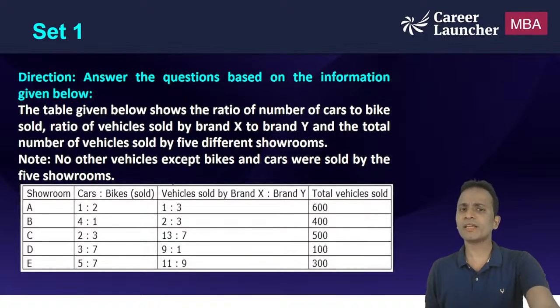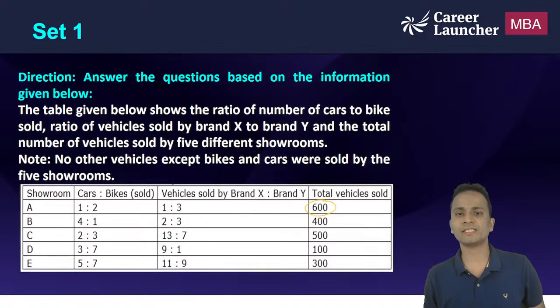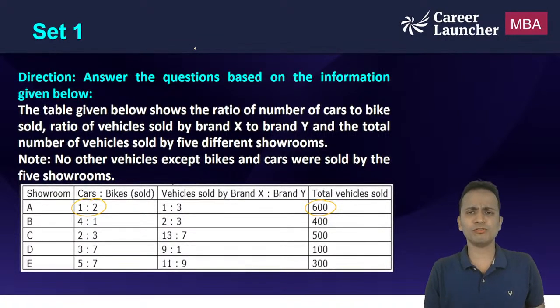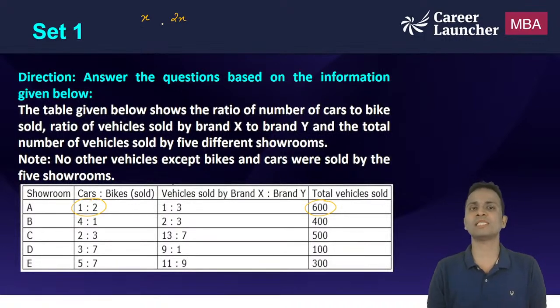Now, how to divide a given number in a ratio? So let's say I want to divide 600 in the ratio 1:2. Okay. Now, friends, one way is you can assume the numbers in the ratio 1:2 to be x and 2x. Look at the top of the screen.